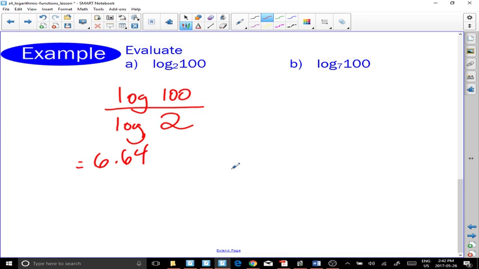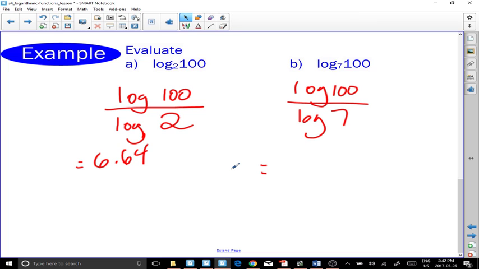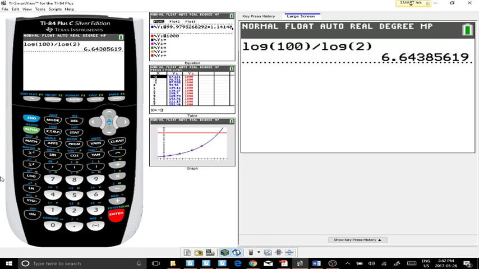Now, what's the log base 7 of 100? Well, again, we're going to take the log of 100 and divide it by the log of the base, which is 7. So whether we use Desmos to do that or we use a graphing calculator to do that, we need to figure out the log of 100 divided by the log of 7.